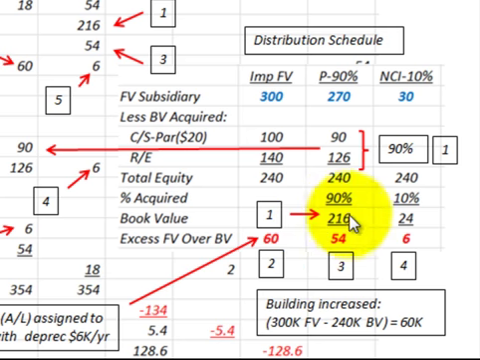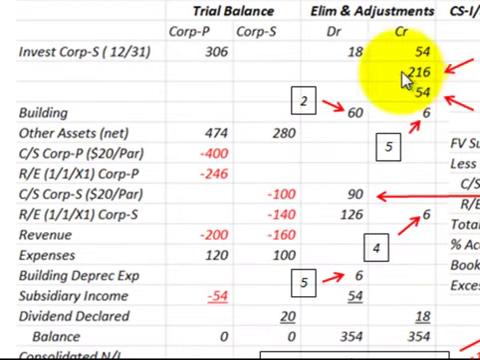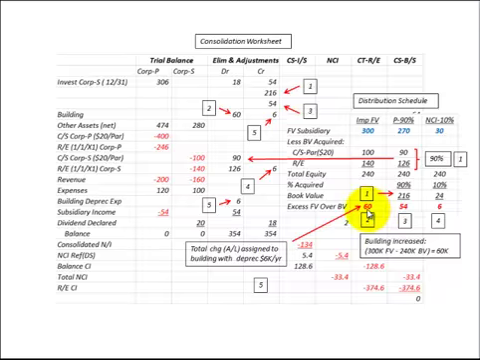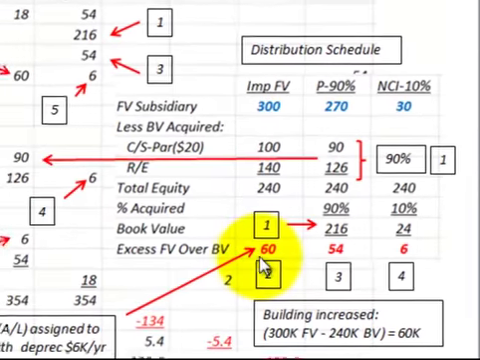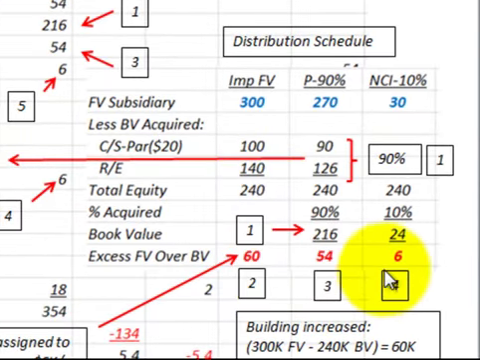So the total amount that we have to adjust is $216,000. So we'd go up to the investment in the sub's account and credit that for $216,000, and then the balancing entries would be to the common stock for Corporation S for $90,000, and then the retained earnings for $126,000.